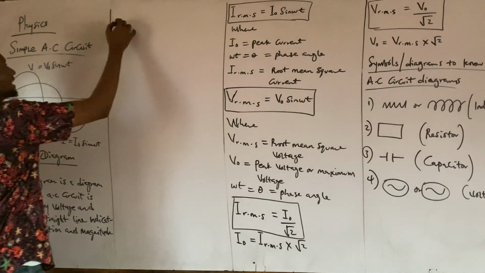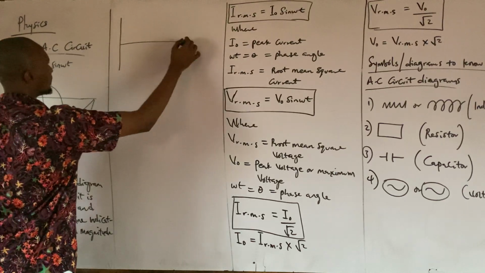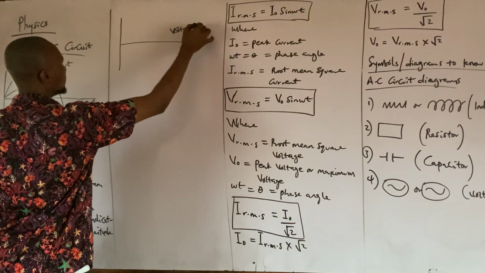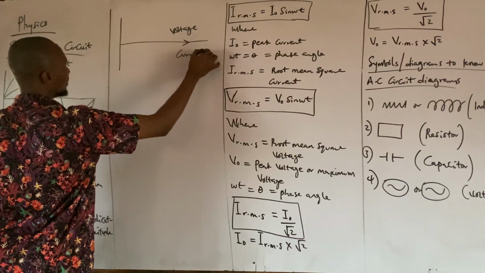And the diagram is like this. Here is voltage and here is current.